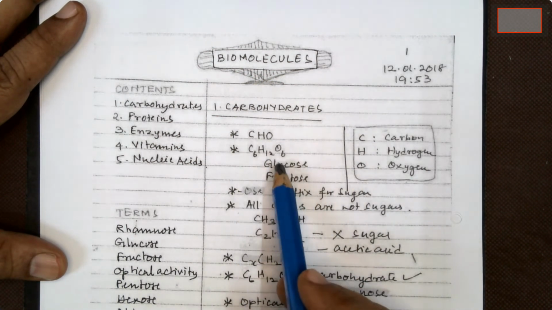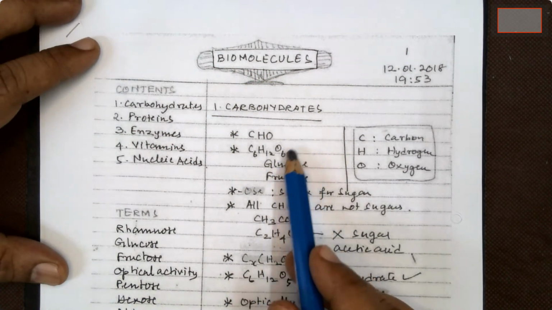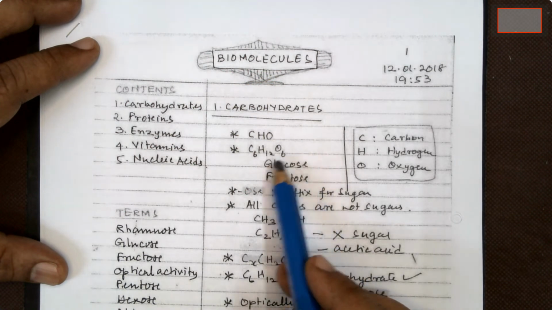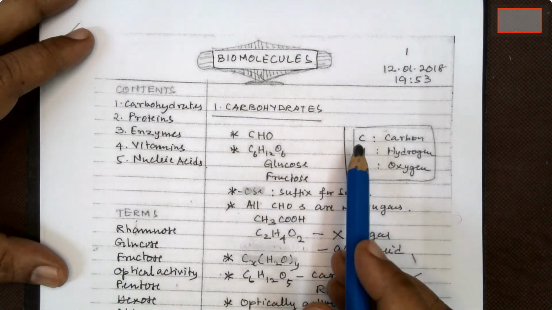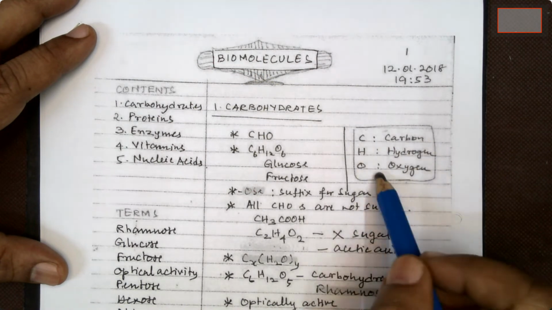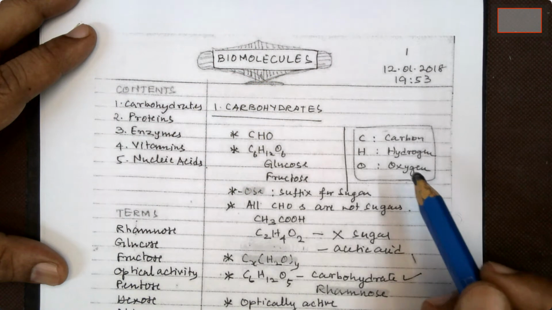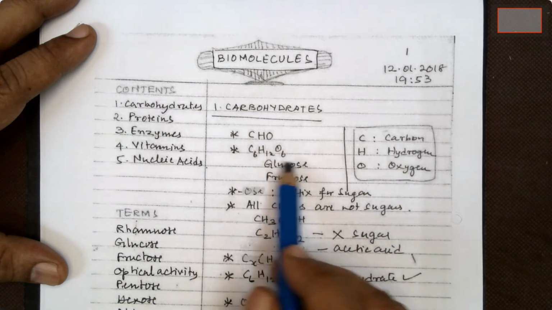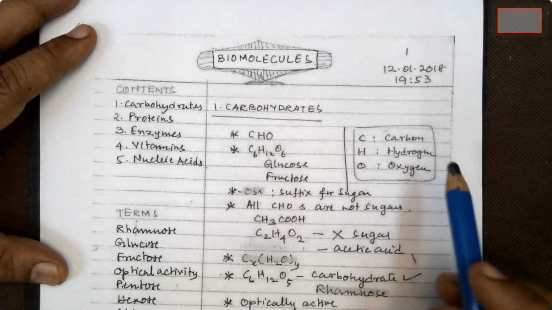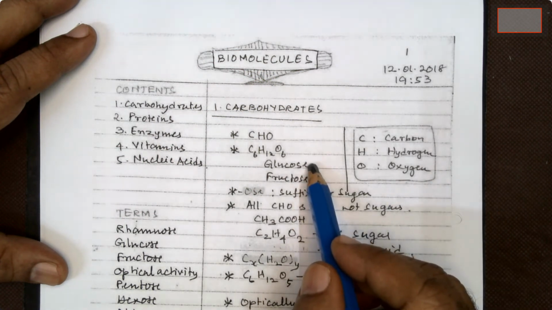We have the simplest form of carbohydrate, that is glucose, C6H12O6. In fact, C, carbon, hydrogen, then oxygen, CHO. Glucose and fructose have the common molecular formula, but glucose is an aldohexose.